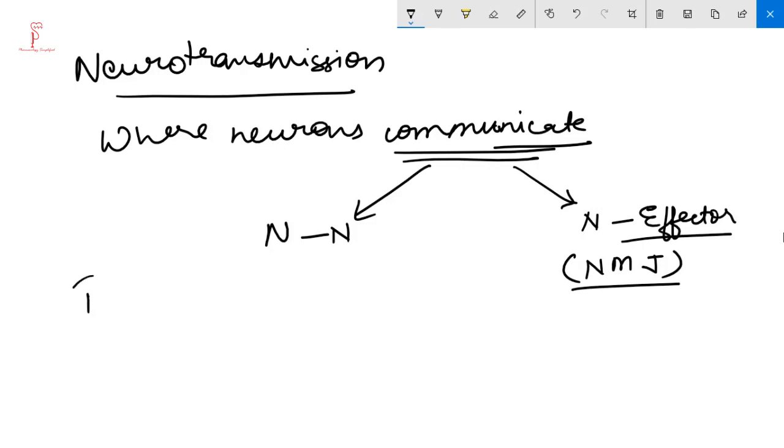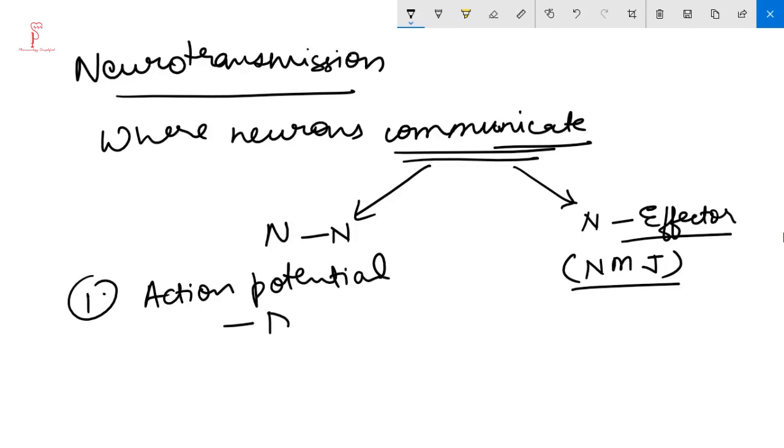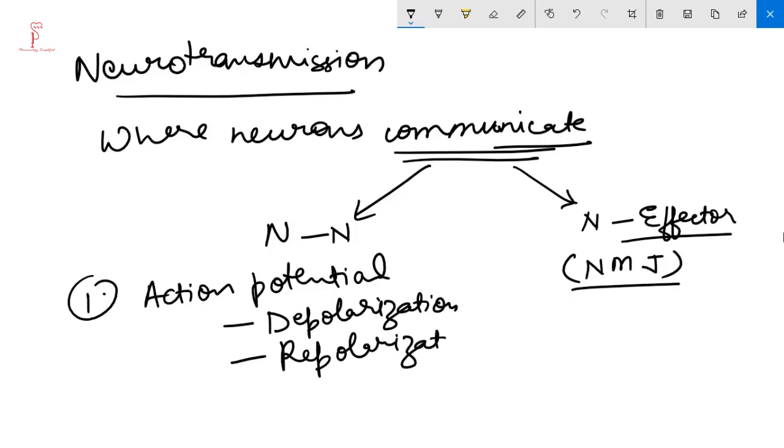First, we have to understand what is action potential. Then we have to understand depolarization, as well as repolarization. One more thing, membrane potential.